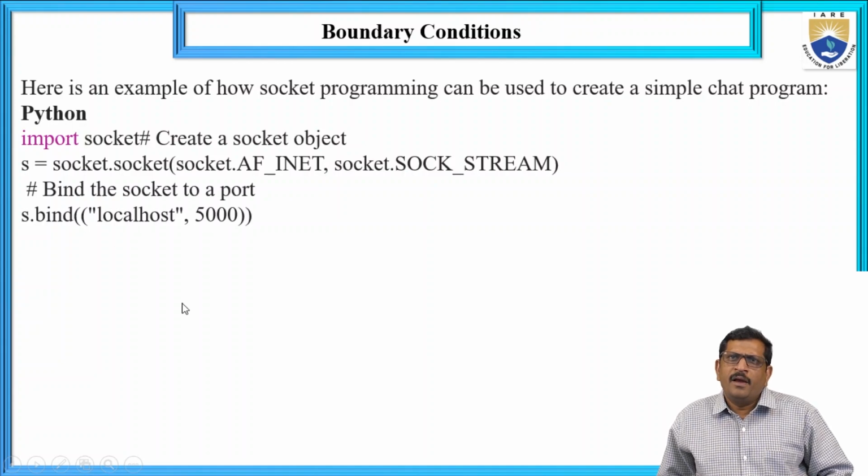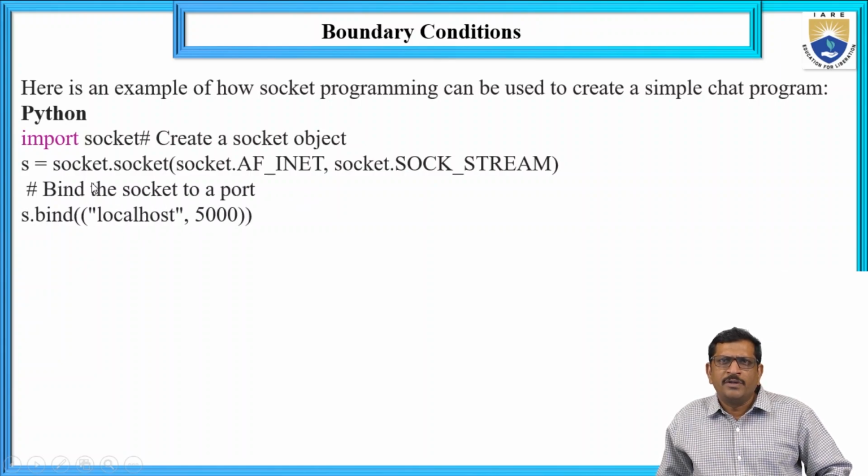Here are some examples of how socket programming can be used to create a simple chat. In Python programming, import socket, which creates a socket object: s = socket.socket(socket.AF_INET, socket.SOCK_STREAM).